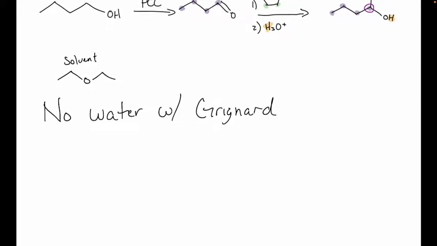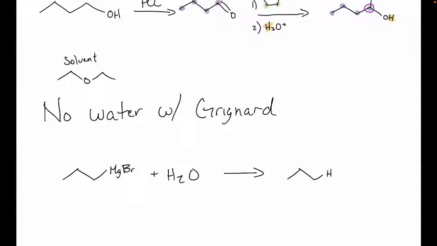If we take a Grignard reagent and we add water to it, what ends up happening is that Grignard, that MgBr, gets replaced with just a hydrogen. Grignards turn out to be strong bases as well.